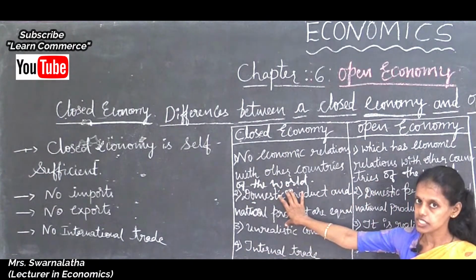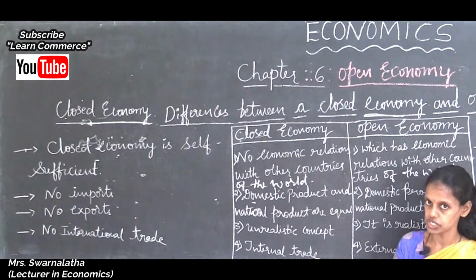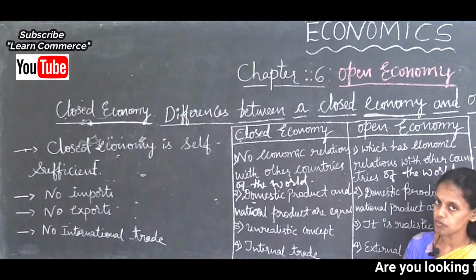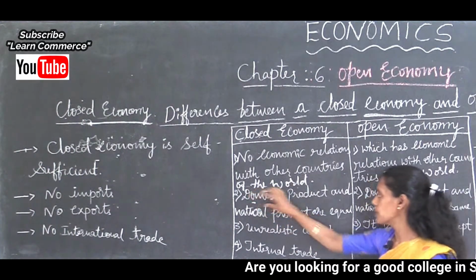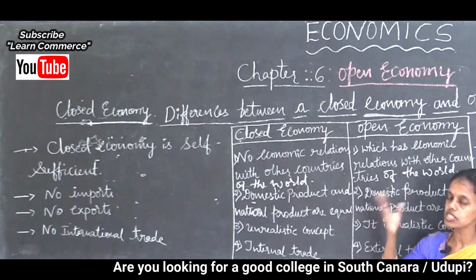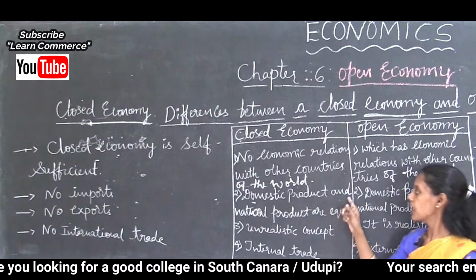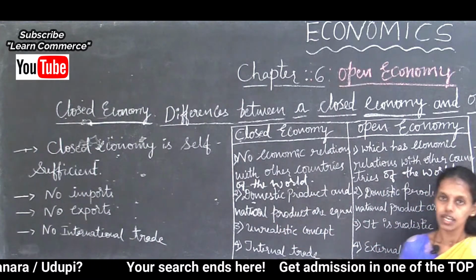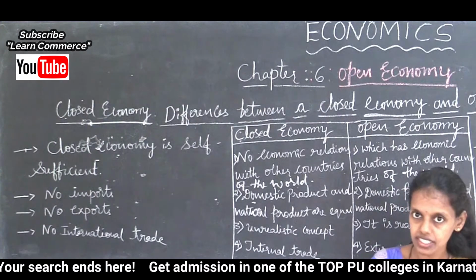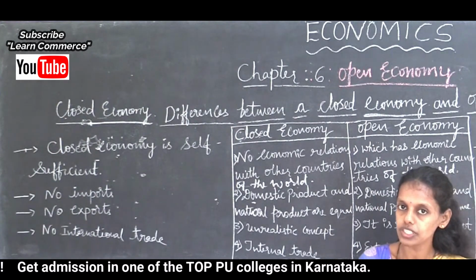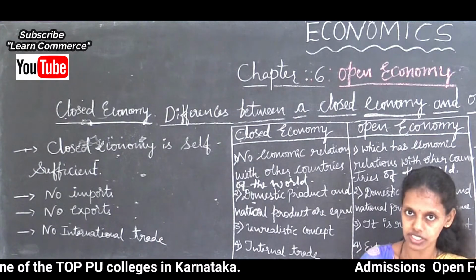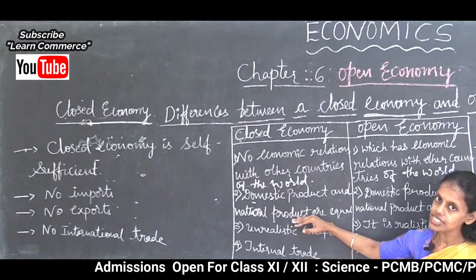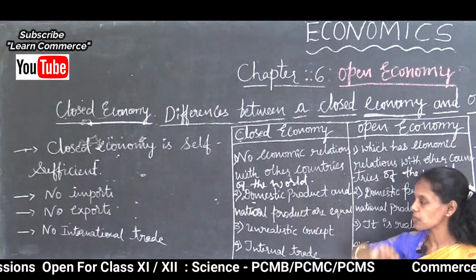It means the country produces goods for self-sufficiency, to maintain independence in production, and to increase the GDP and welfare. Domestic product means goods produced within the country, and national product is the same, which means there is no external trade. GDP and national product are the same.